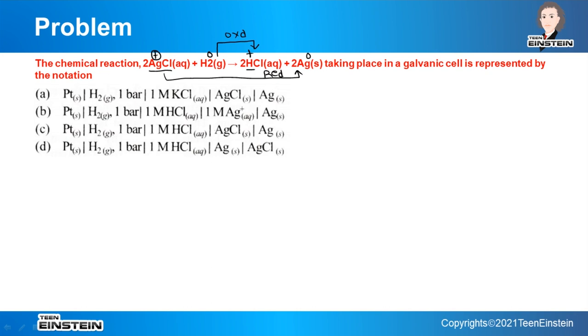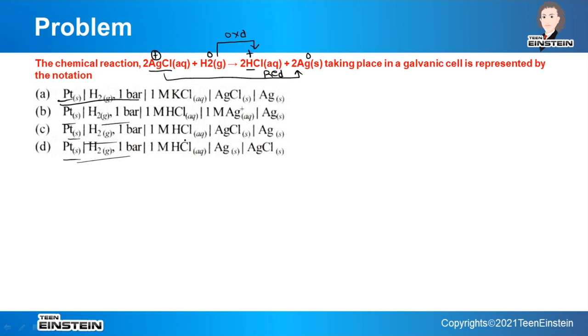Now if you look at the options, in all the options it is at the right hand side, so there is no problem. And the H plus hydrogen system will be in the left hand side, that is the anodic side. Now as it is an ion and gas electrode, we have to use an inert electrode. So that is present in all the options, which is correct. So if you see this part, that is the reaction at the anode, that is the same in all these options. So there is nothing wrong.